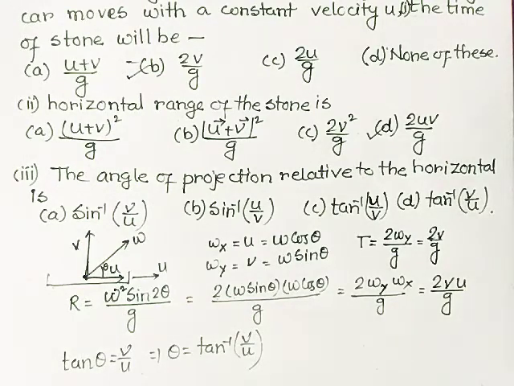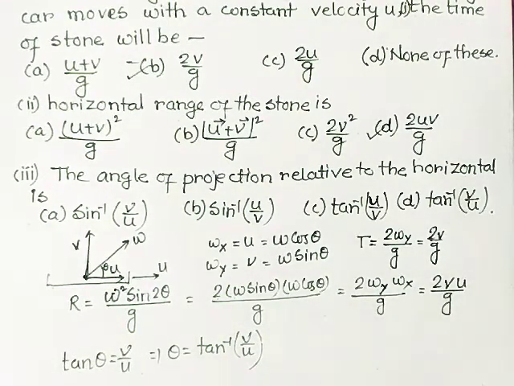If the particle is thrown in a frame that is at rest, that is, if the trolley is at rest, then it is one-dimensional motion under acceleration due to gravity, and the equations of motion will be different.